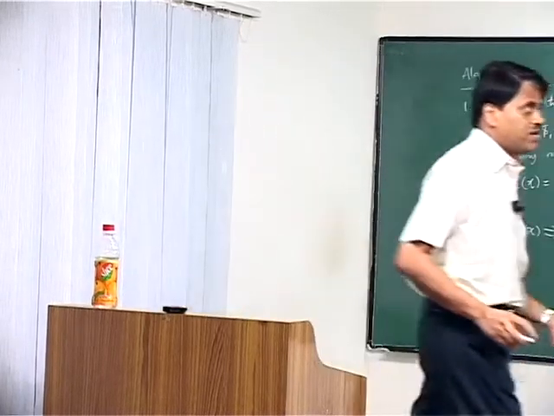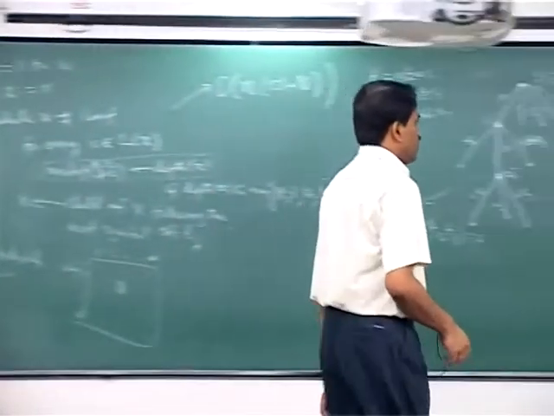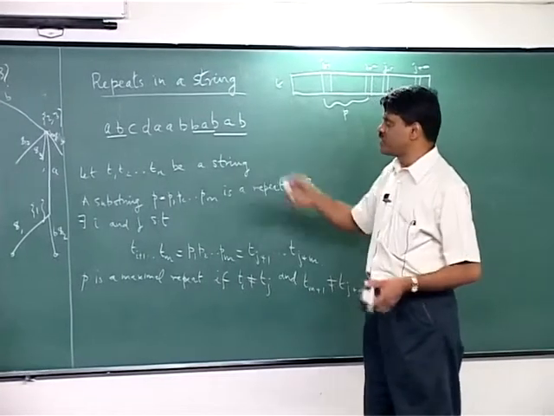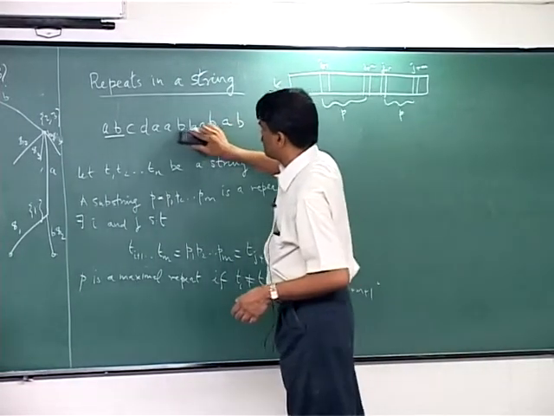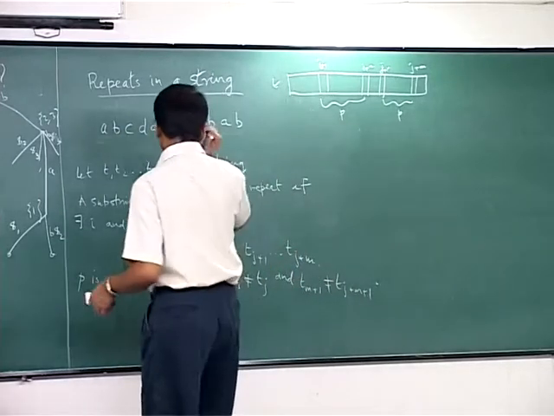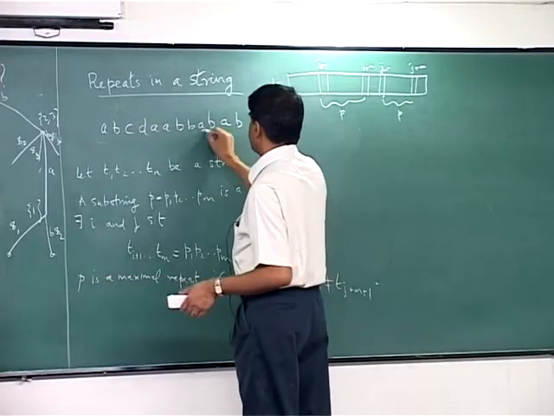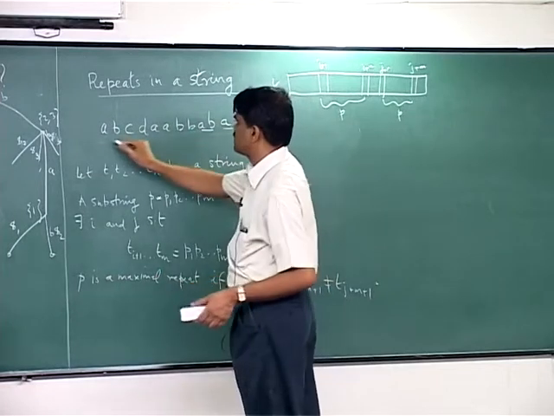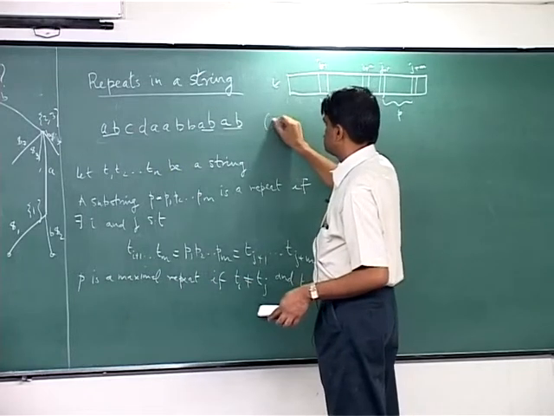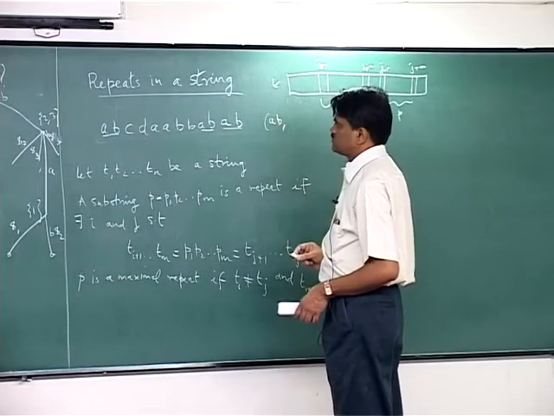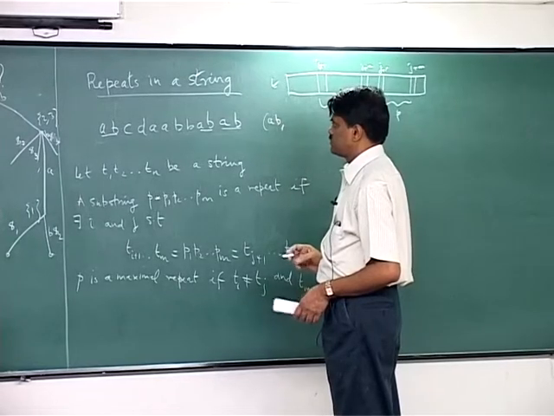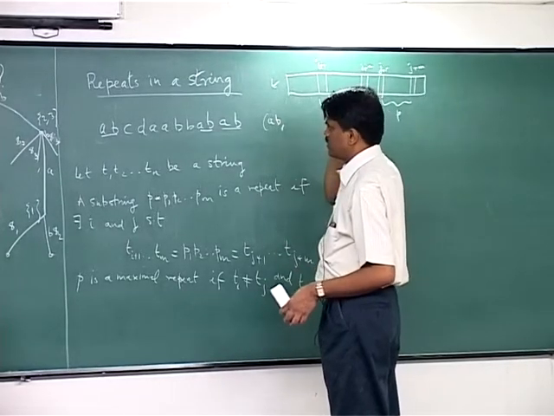Okay. Is it clear? So there may be lots of maximal repeats. What are the maximal repeats in this string? Let us see. Right, AB is appearing at a lot of places. BAB is a maximal repeat.